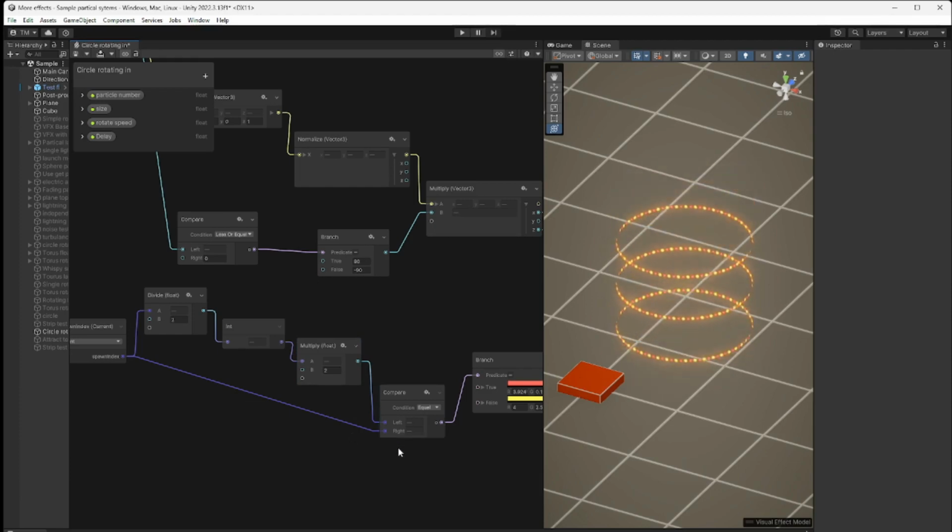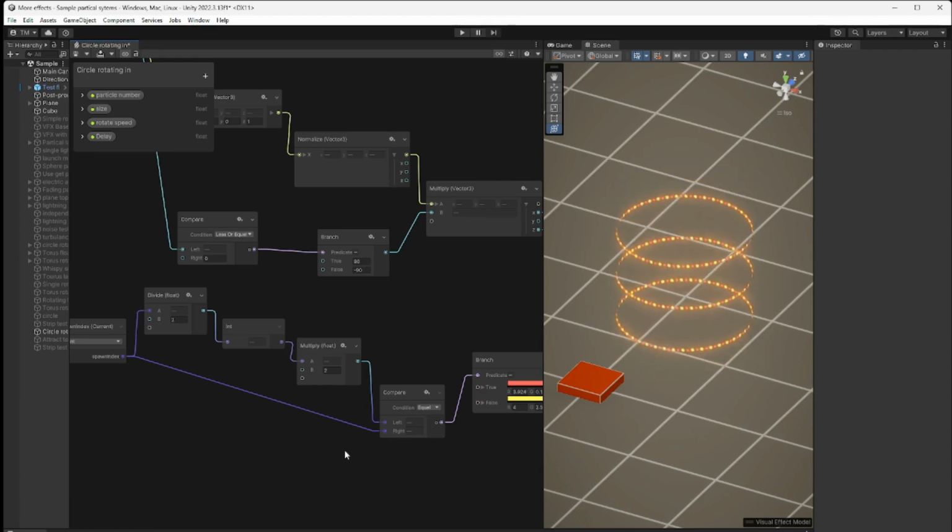Say if it was 4, it's going to divide 4 by 2 is 2, it's going to multiply back to 4. If it was 3, it's going to divide, and when it converts that 1.5 to an integer, it's going to go to 1, you multiply it back by 2, it's only 2, they're not even. So essentially it's just checking for even and odd. So you can see the result of that. You can see they're red and yellow.